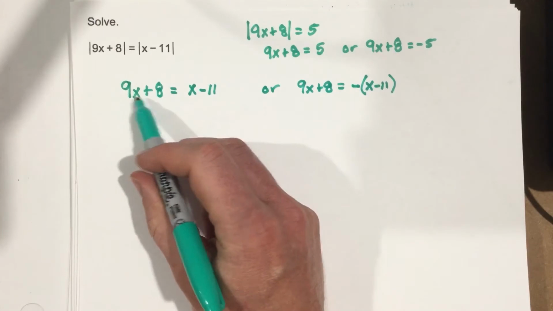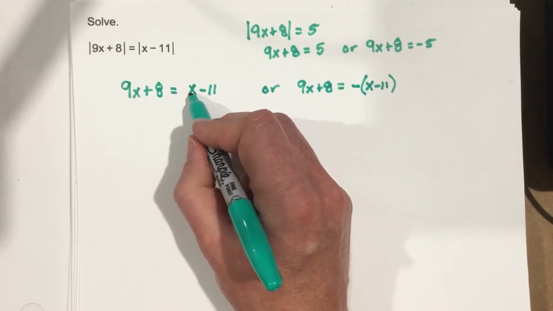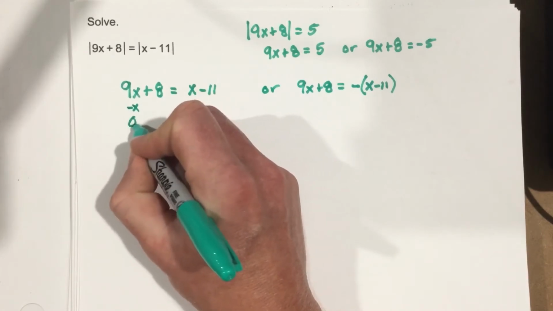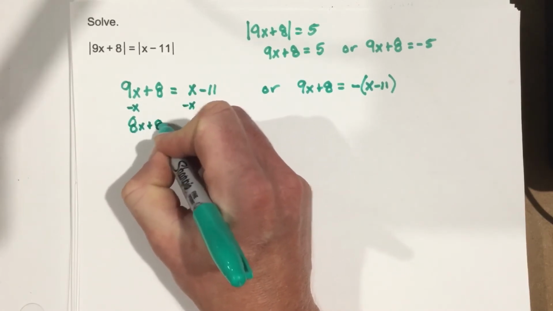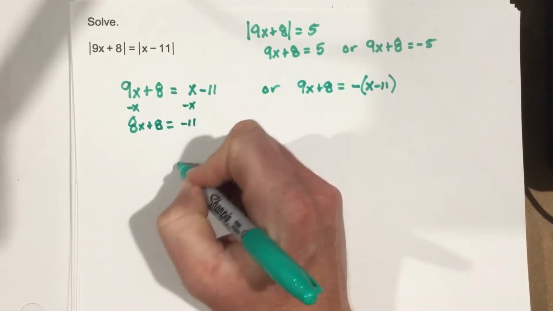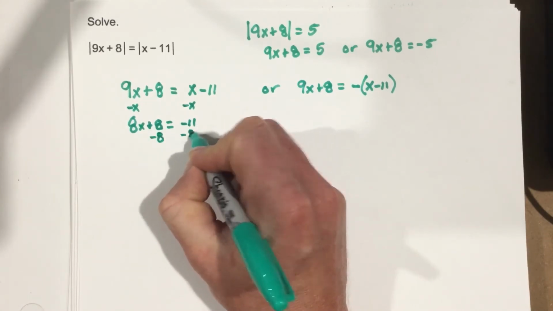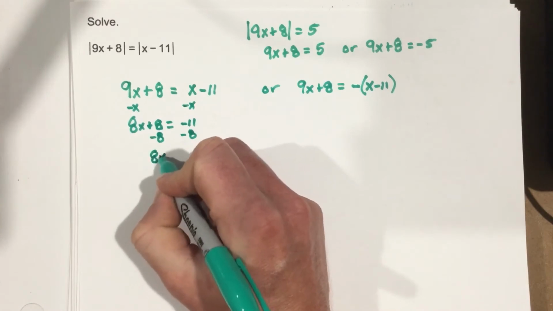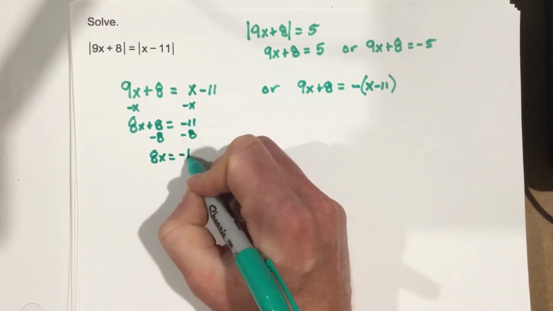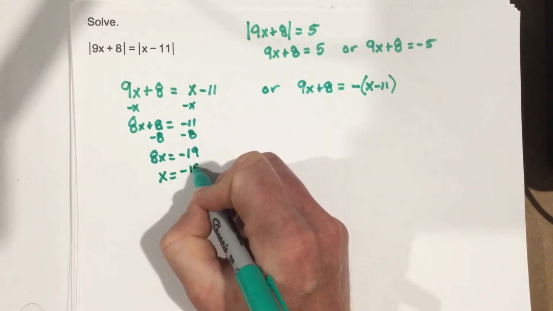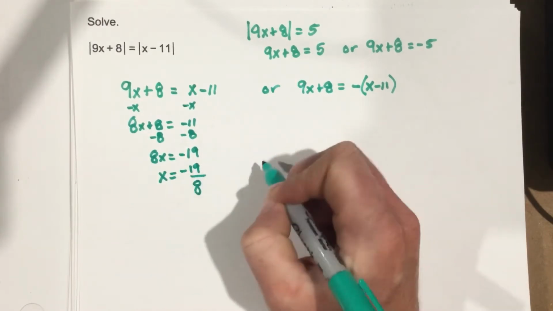Let's go ahead and solve this. When we go to solve this, we subtract the x over. On this side, we get 8x plus 8 equals negative 11. We subtract the 8 over, and we get 8x equals negative 19. Finally, we divide by 8, and we get x equals negative 19 over 8.